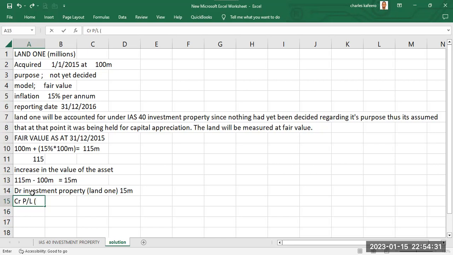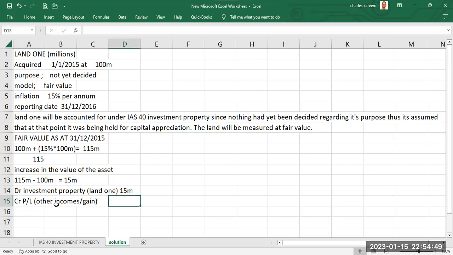This is going to be in the names of other incomes, or the gain. We got a gain in the asset.